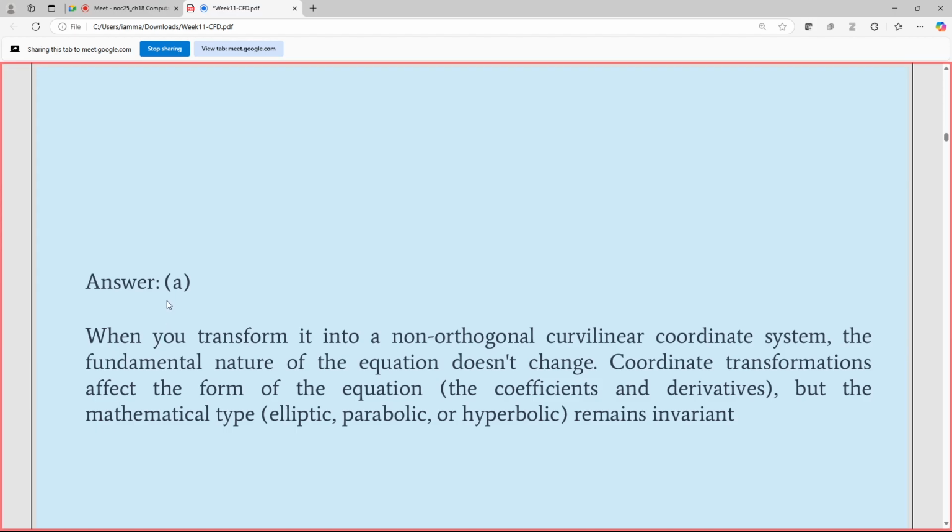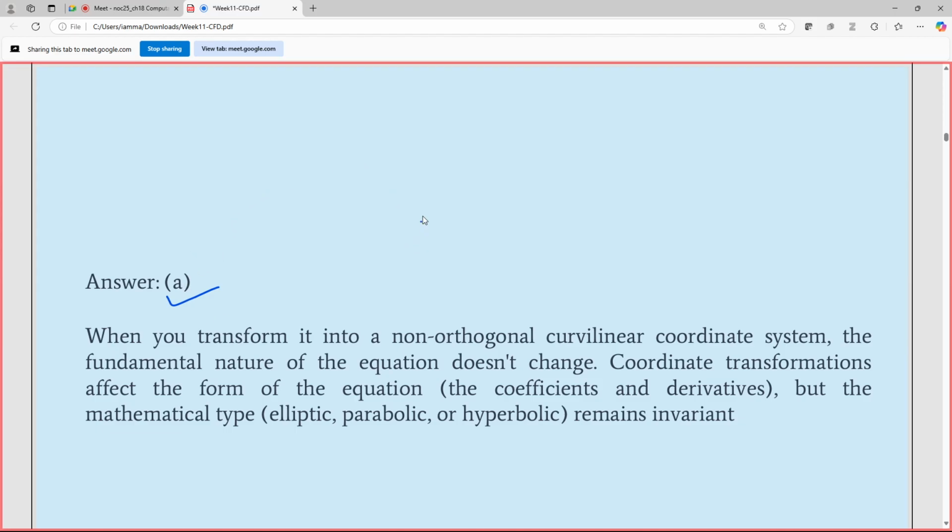So our right answer is option A. So when we transform from a structured grid to non-orthogonal curvilinear coordinate system, the fundamental nature of the equations won't change, whereas the coordinate transformation will only affect the form of the equation, that is the coefficients.